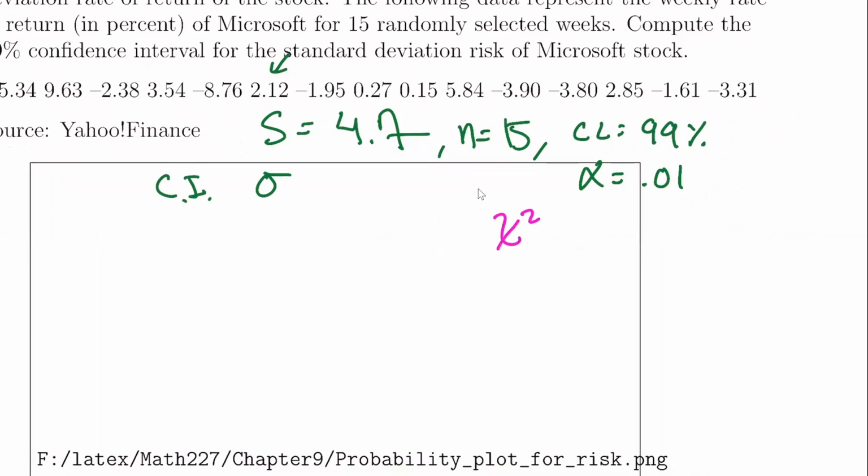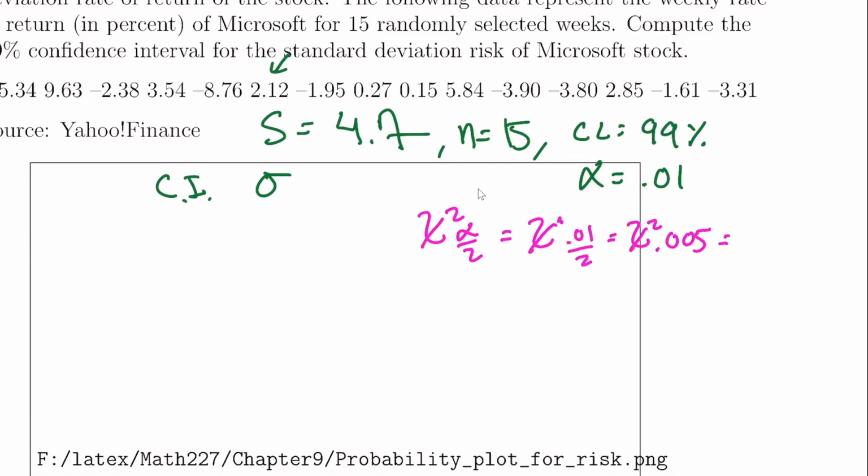So we're going to find chi-square of alpha divided by 2, which is chi-square of 0.01 divided by 2, which is chi-square of 0.005. So we have to see what chi-square of 0.005 equals.